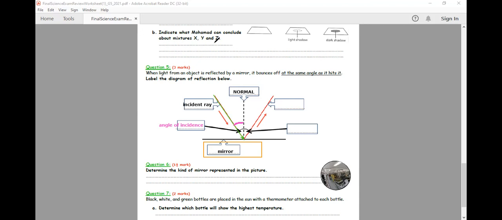The second one, the one located between the normal and the other ray. Which angle is this? Angle of reflection. This is the angle of reflection. And then when you draw the angle of reflection, you can draw the second ray. Which ray is this?